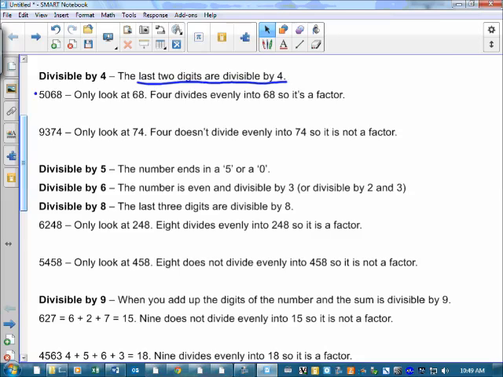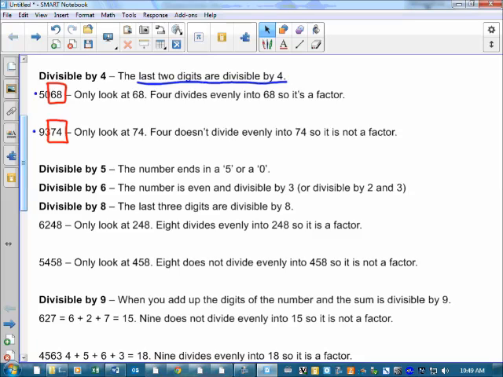The only 2 digits we look at or consider are these ones right here. Again, 9,374. Doesn't matter how big it is. This is the only part of that number that we look at. And then we look at how well 4 goes into 74, or how well 4 goes into 68. I'm going to show you some strategies on how to break that down afterwards, but I'm going to get through some of the rules here first.